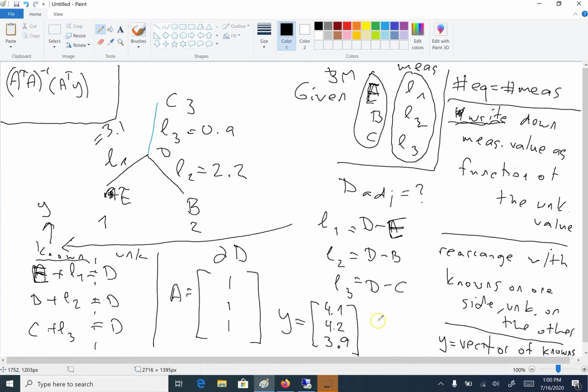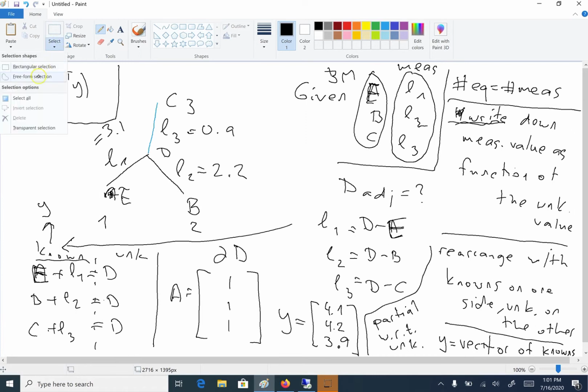And then write down the least square solution, A transpose A inverse A transpose Y. So that's going to be our final step.